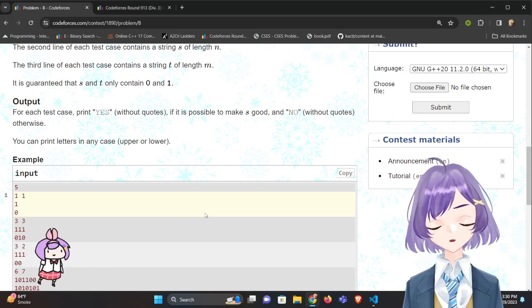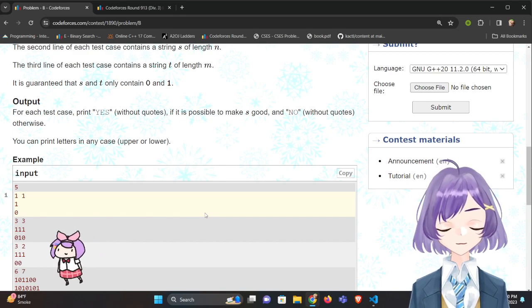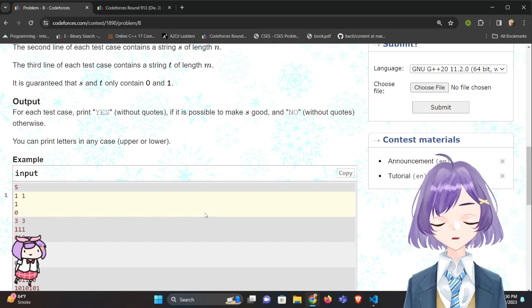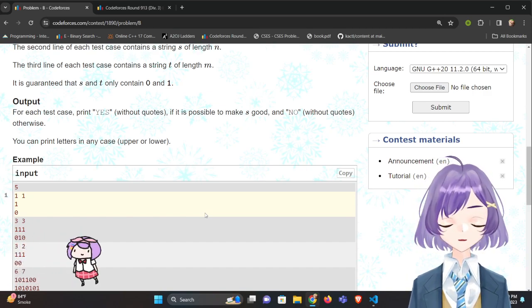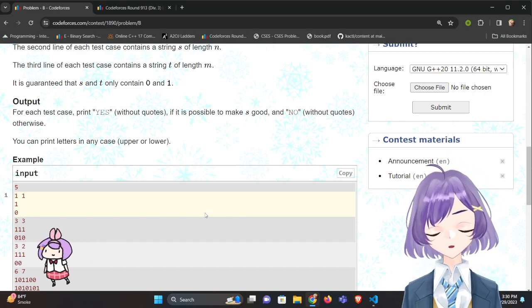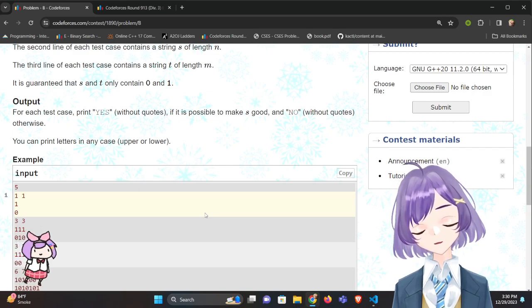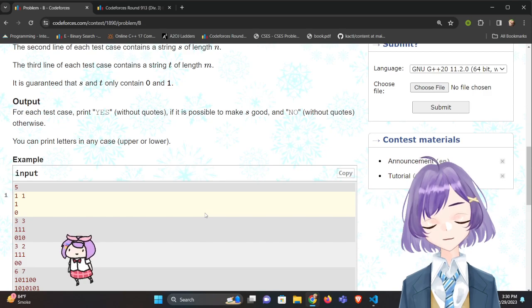As I want to make it good, t I have with me. So first I have to check if S is good. S is already good. Yes.